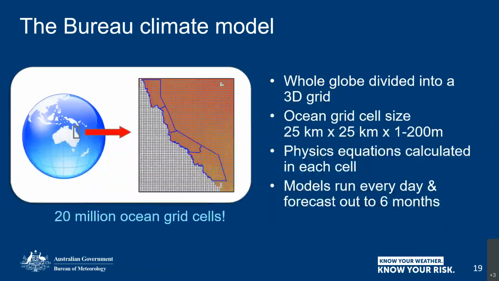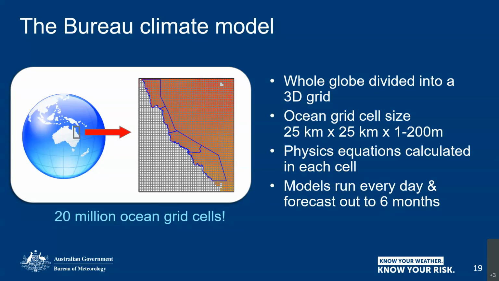So the Bureau Climate Model, so this is ACCESS-S for those who love acronyms. This is the seasonal model that we are using. Essentially the entire globe is divided into a 3D grid. In the ocean model, which is where we're going to be talking about mostly today, if you imagine the entire ocean down to 6,000 metres deep, cut into cubes, the ocean grid cell size is about 25 kilometres by 25 kilometres in the horizontal.